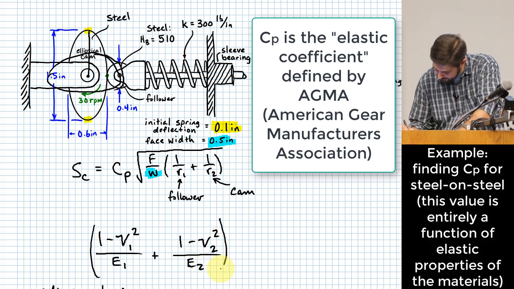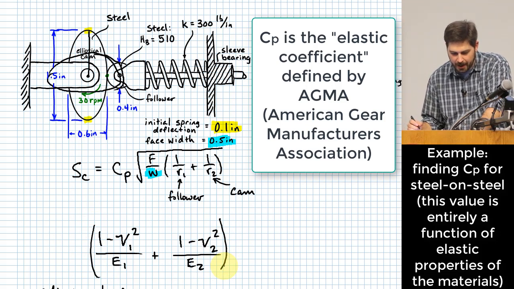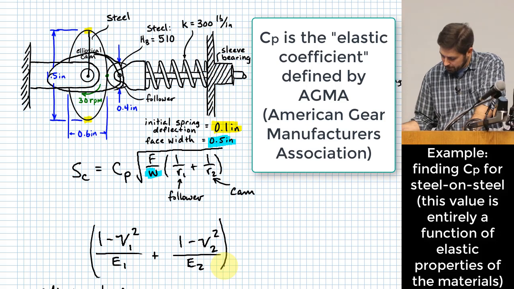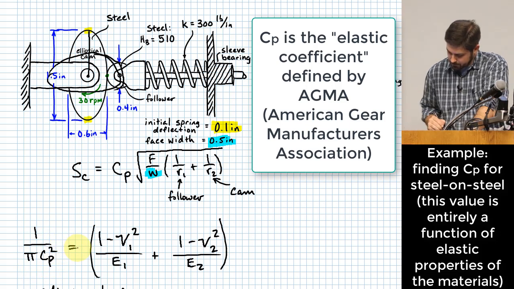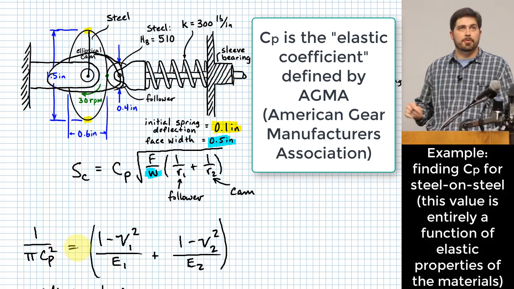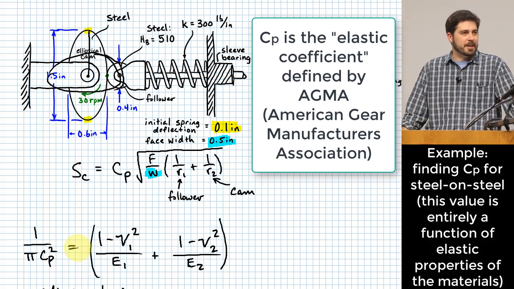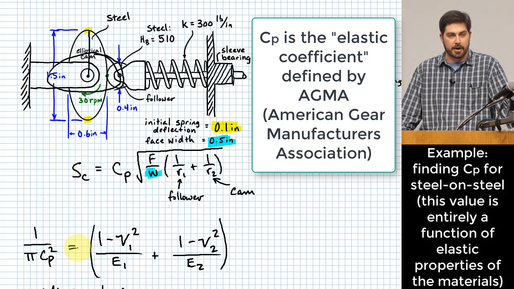This whole thing is equal to 1 over pi C sub p squared. I would have much preferred if they had put that more simply, but this is how you can calculate this factor of C sub p squared.